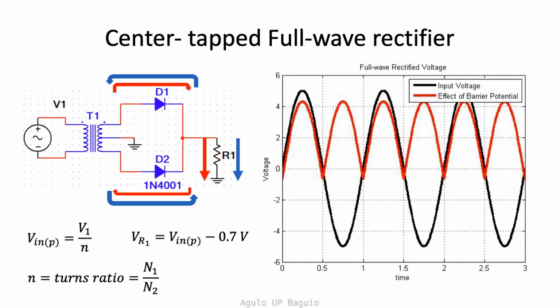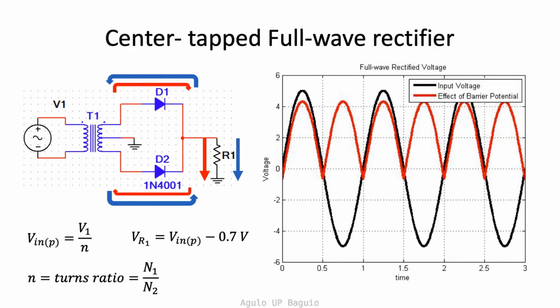Thus, diode D1 is forward biased, while diode D2 is reverse biased. Diode D1 has a voltage drop of plus 0.7 volts. The current, not being able to go to D2 because of the potential barrier, goes to R1. If the output voltage is measured across R1, then the result is the red curve as shown in the graph.